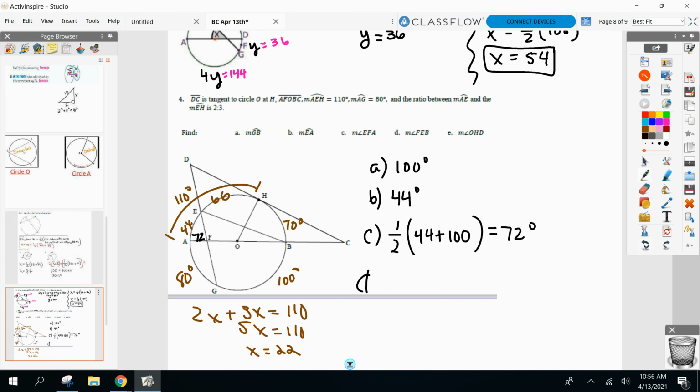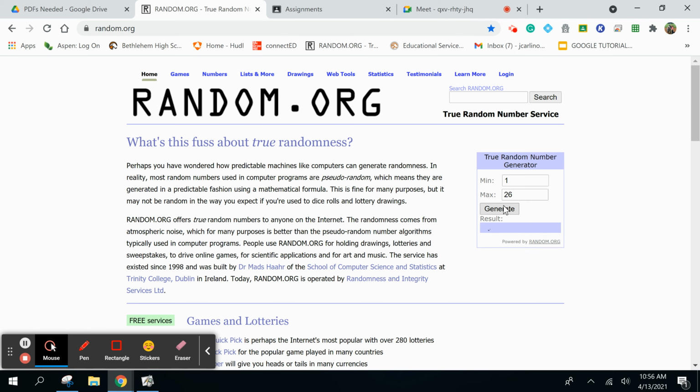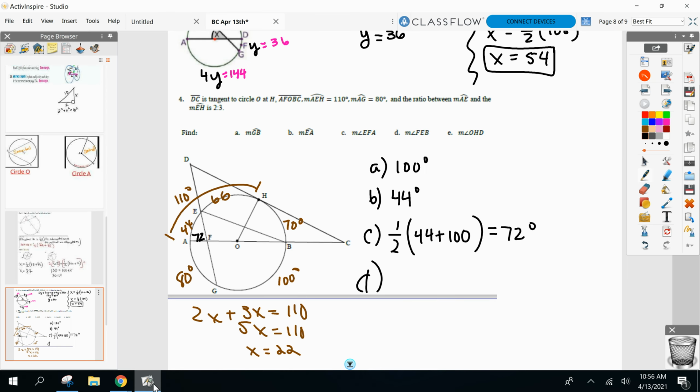How do I find that inscribed angle? What was my rule to find an inscribed angle? Come on, let's keep the train going. Hayden, how do I find an inscribed angle? Half of its arc. What's its arc measure? FEB. What arc is 100. 100? So I'm going to take half a hundo here. That's going to be 50 degrees.